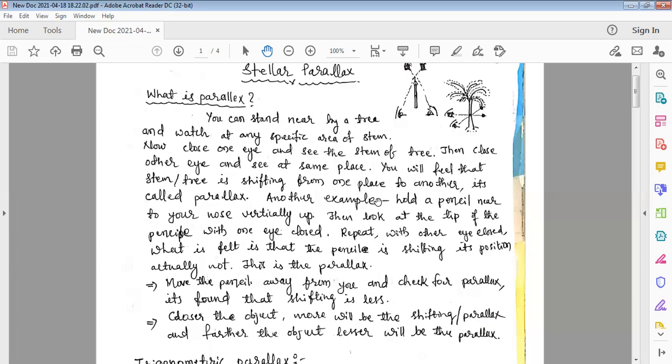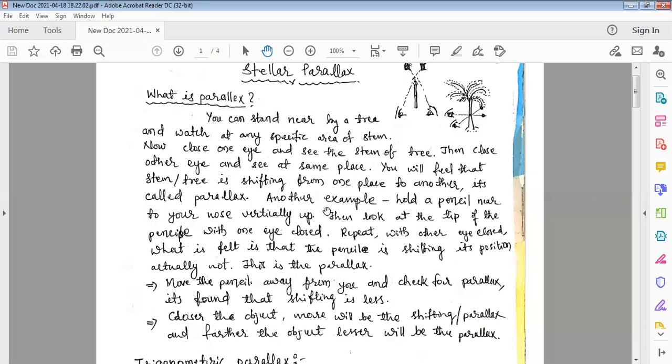Another example is that you hold a pencil near to your nose vertically up. Here I have shown a pencil. You hold this pencil near to your nose and look at the top of this pencil through your eyes.